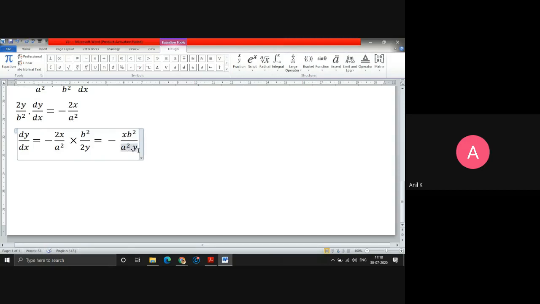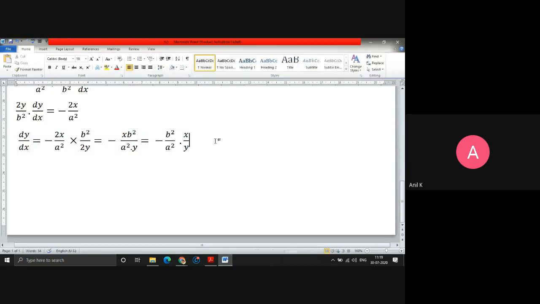If you want further simplification, you can insert one more step by keeping all the constant terms in one place: b square upon a square into x upon y, so that my differentiation becomes easy and we don't get confused. Finally you have dy by dx equals minus b square upon a square into x upon y.